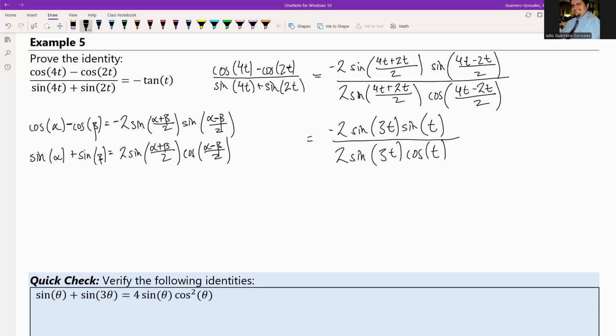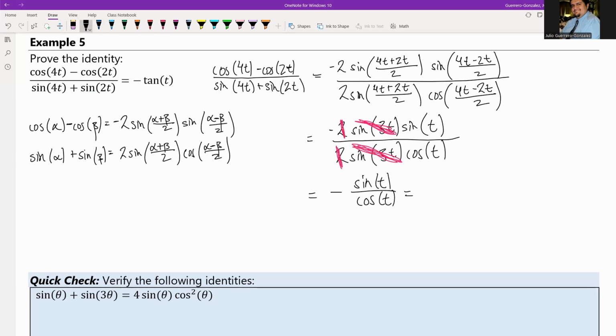Got it? Look what happens, it's going to fall in our lap, essentially, right? So if you take a look, let me do the cancellations. There's a 2 on top, there's a 2 on the bottom, those go away. You have a sine 3t on top, you have a sine 3t on the bottom, those go away. So you get left with minus sine of t over cosine of t.